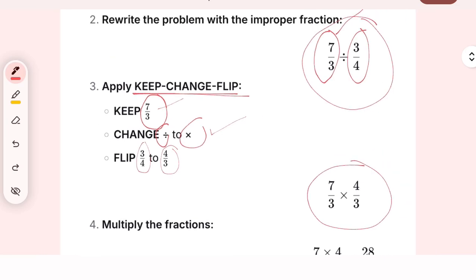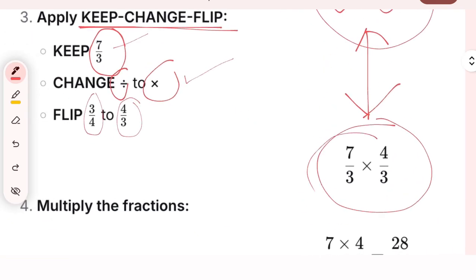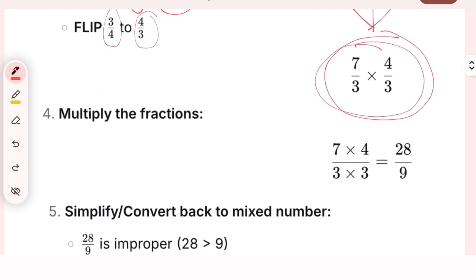So from this on top, it becomes this one. You keep 7/3, you change division into multiplication, and then you flip 3/4 into 4/3. Now you have a multiplication of fractions, which is quite easy.